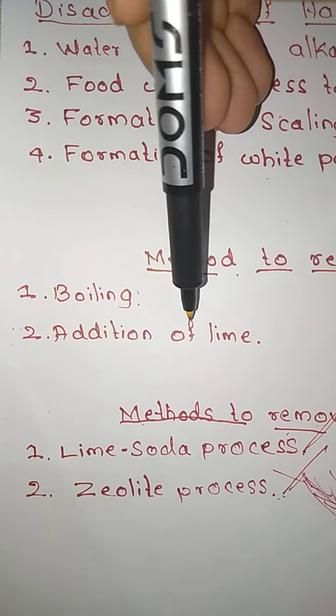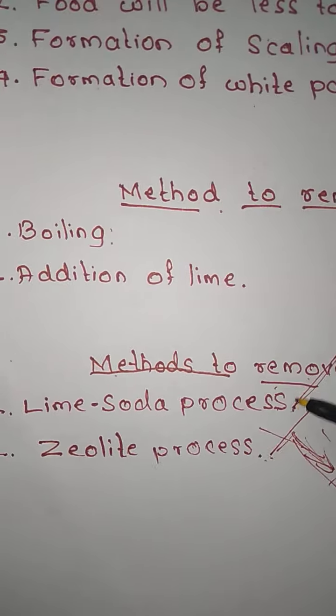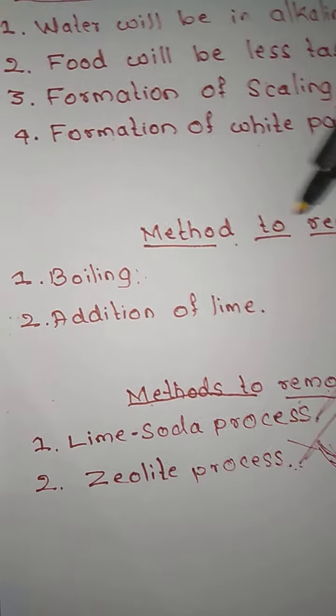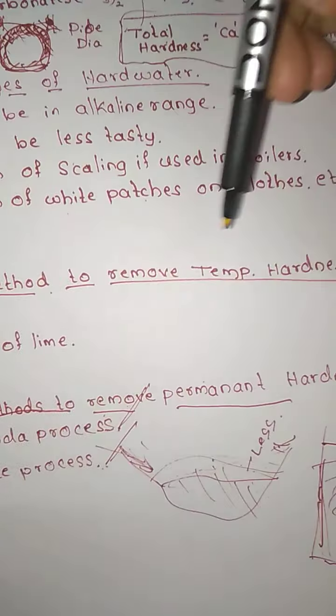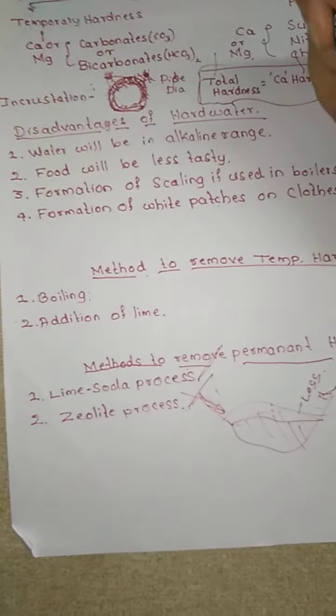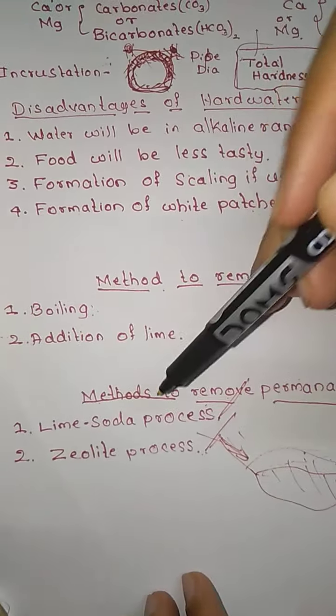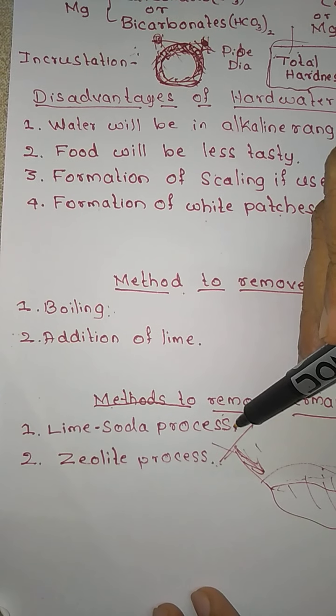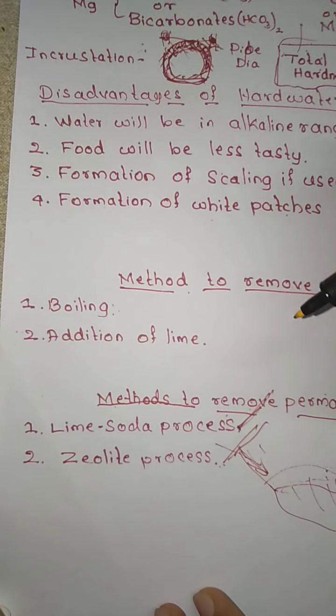So our main intention is to study the lime soda process and zeolite process, but meanwhile we'll also study the methods to remove temporary hardness. In the next class we are going to discuss in depth the lime soda and zeolite processes. Thank you.